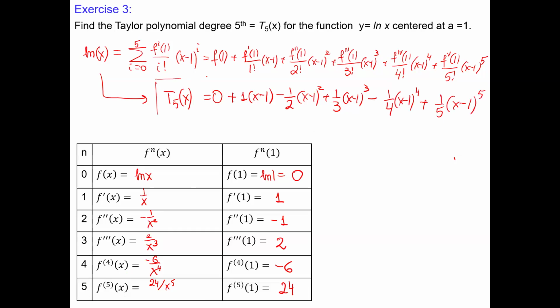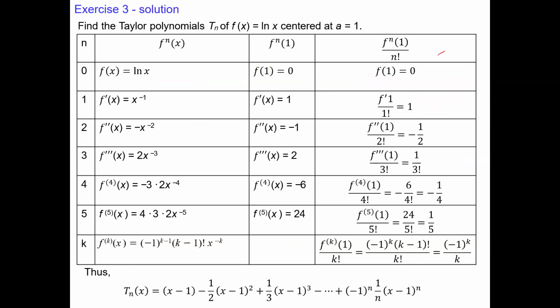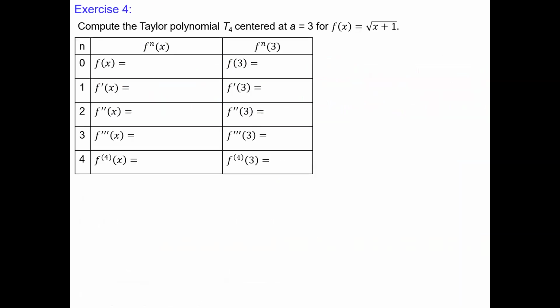That means this is the fifth degree Taylor polynomial for the function natural log of x. Instead of natural log of x, we may also take some other function centered at 1. We did it, that's the solution. And for exercise number 4, you can try to do exactly the same as I did in exercise number 3, just with a different function.